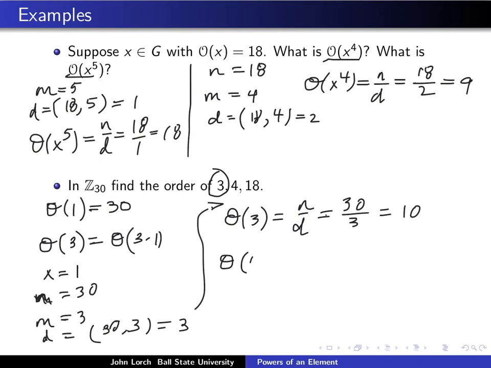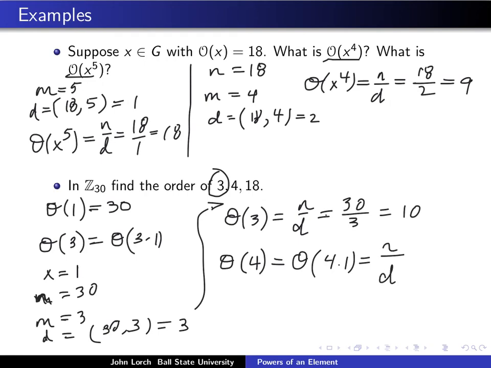So again, the order of 4 is the order of 4 times 1. So it's 1 plus itself 4 times. And that's going to be n, which is 30, over d.